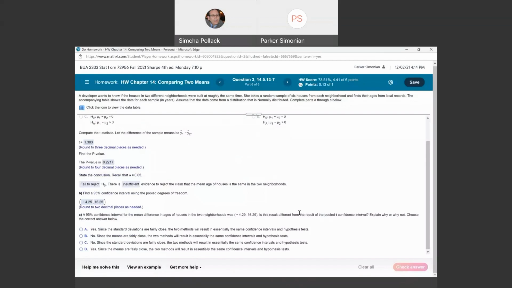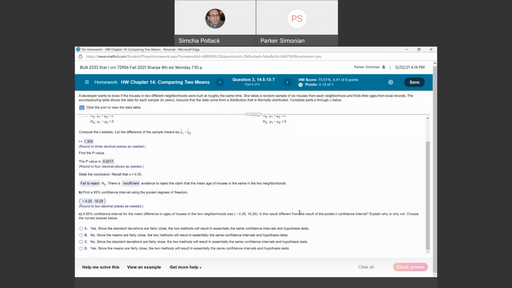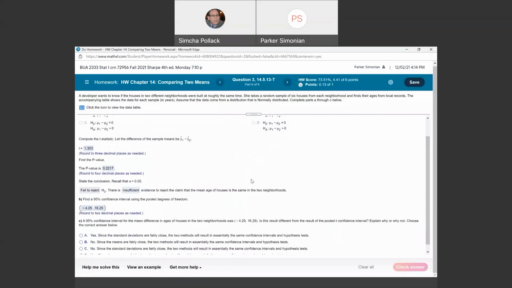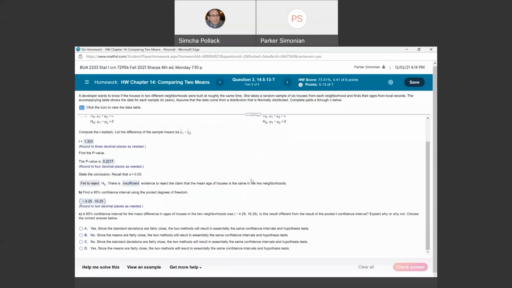95% interval for the mean difference in that. I don't know what happened there.